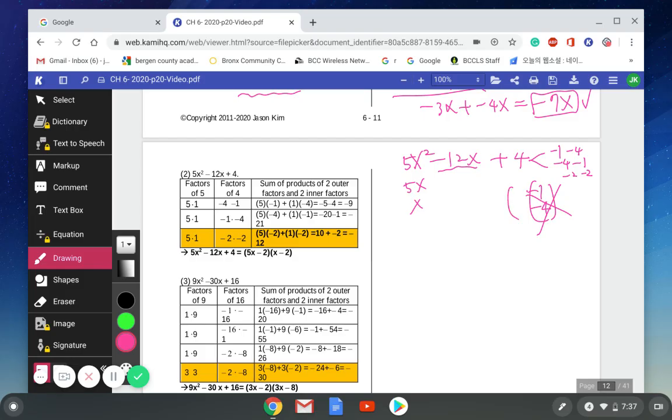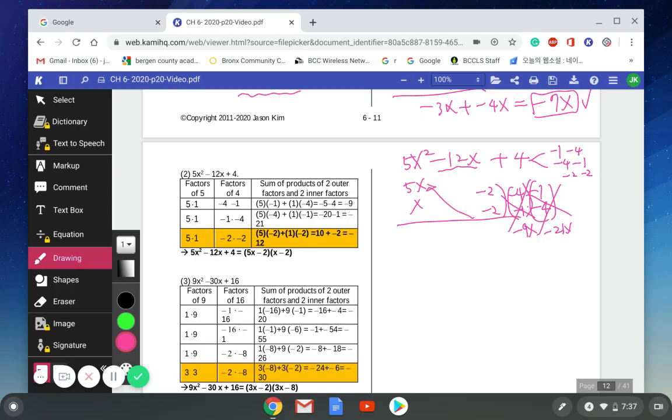Now when I try -4 with a -1, cross multiply -5x and -4x, it makes a -9x. You need -12x, so it didn't work either. So when I try -2 with a -2, it worked.